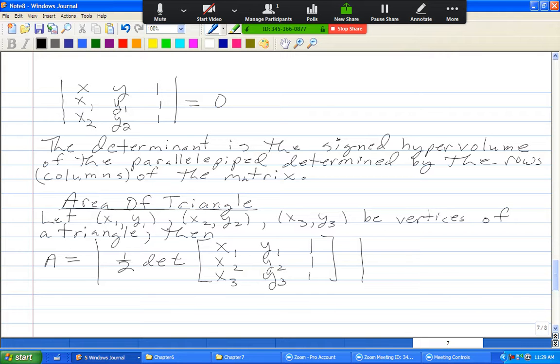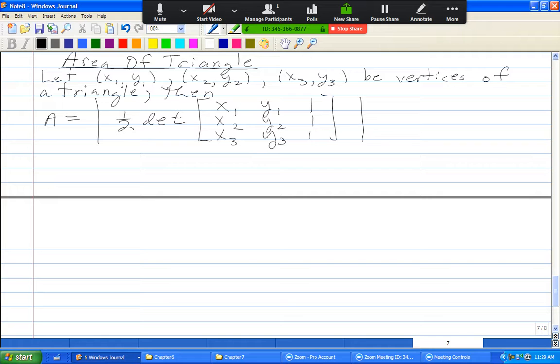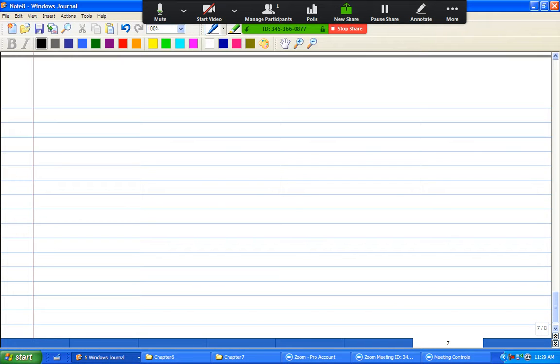Okay, let's do an example on page 611. Problem number 40. x minus 5y equals negative 6. 3x plus 2y equals negative 1.